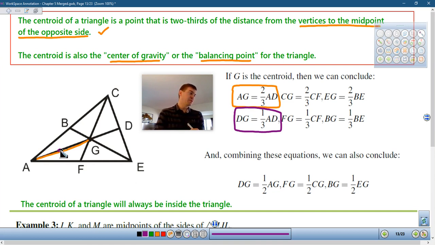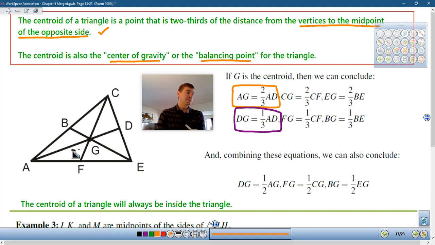So if I broke this median into three pieces, I would have 2/3 here, 2 of the 3 there, and then this one is the remaining 1/3. And this applies for all the medians. Say we were talking about median CF, then from C to G is 2/3 of CF, and G to F is the remaining 1/3.